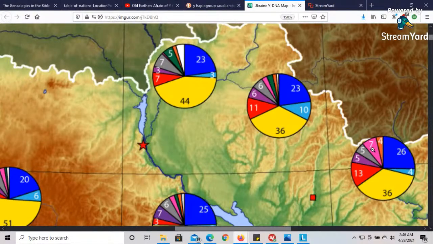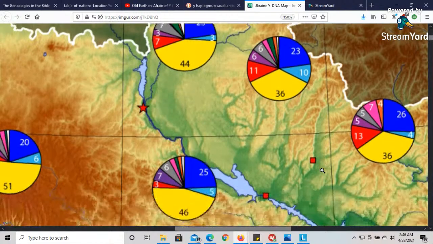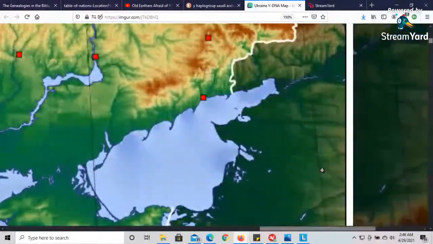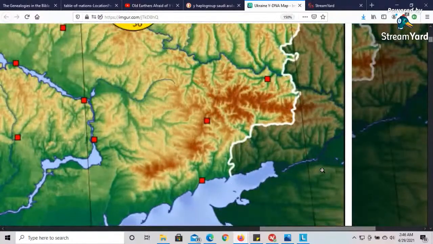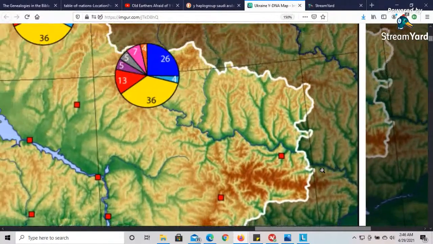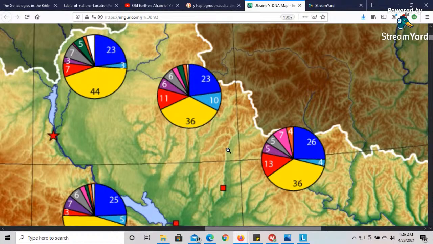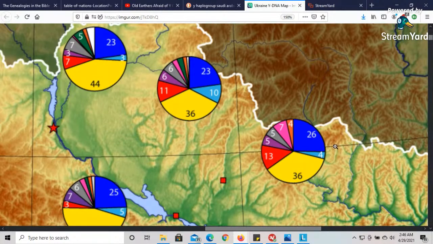The Assyrian is stronger, which of course could be because the Assyrians are not too far away over here. Yeah, the Assyrians are not too far away, but that could be why the Assyrian signal is getting stronger. But we still have, of course, the dark blue is the I2 and the lighter blue is the I1.